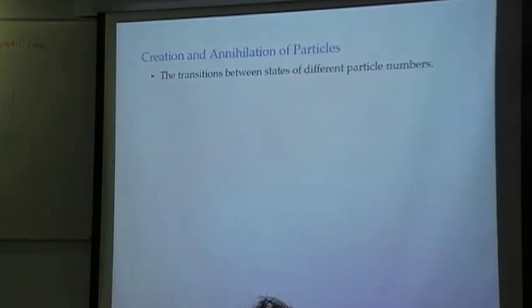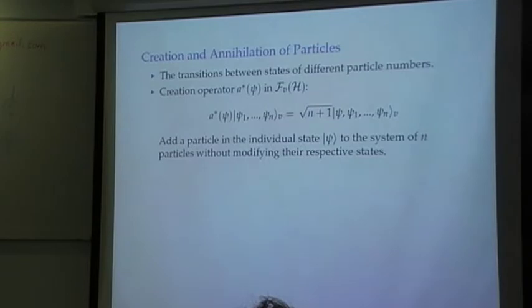But we have creation and annihilation operators, which can be used to describe the transition between states of different particle numbers. So for each state psi in H, which is the state space of a single particle, we have an associated creation operator, A star psi. It is defined in this way.